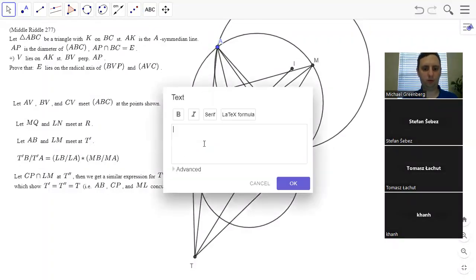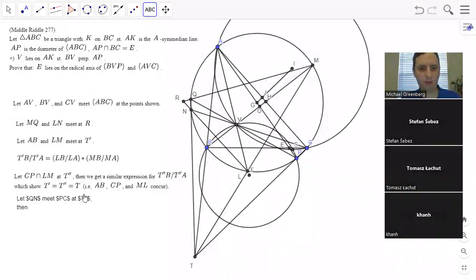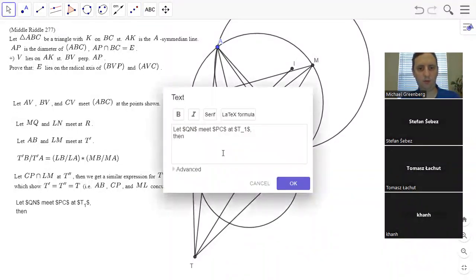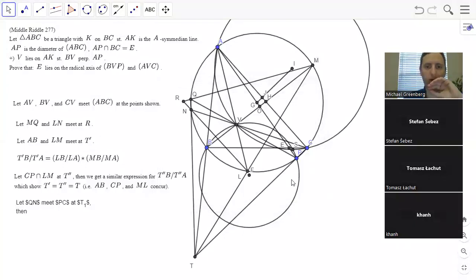So let QN meet PC at T1, then T1 lies on the polar of V with respect to O, and that also lies on AB, is what you're saying.